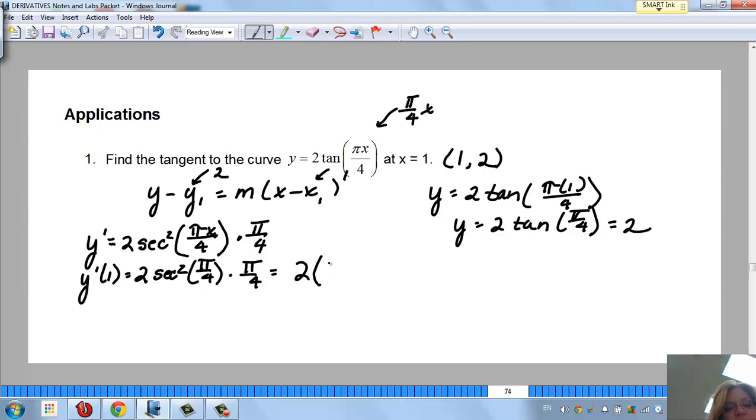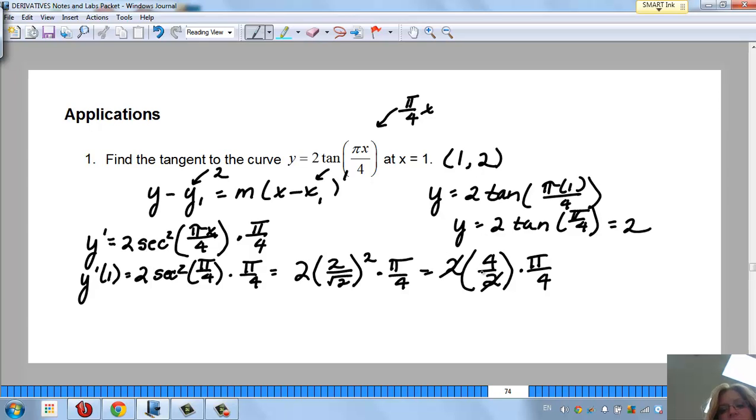So we're basically going to flip that: 2 over radical 2, squared, times pi over 4, which equals 2 times 4 over 2 times pi over 4. And you'll see this cancels for a 1, this cancels for a 1. So the whole thing, the slope comes out to be pi at 1.